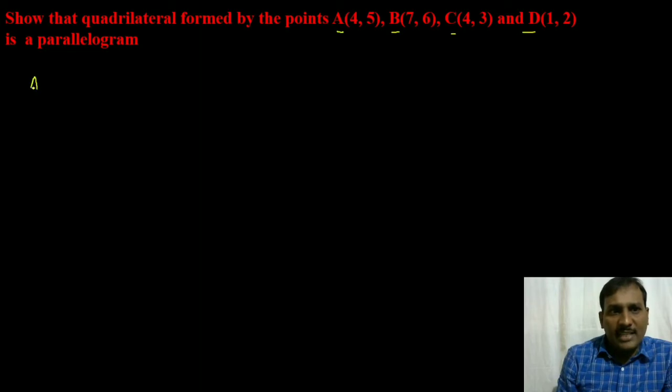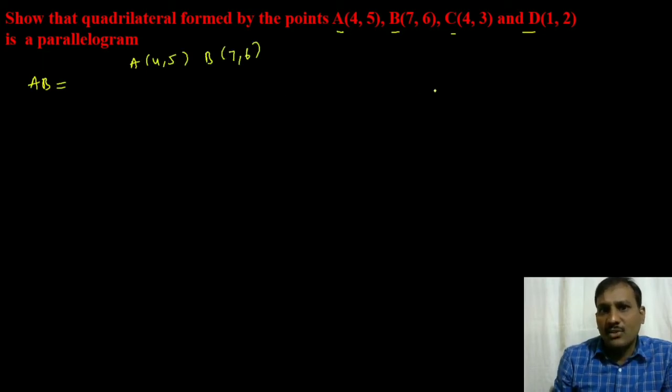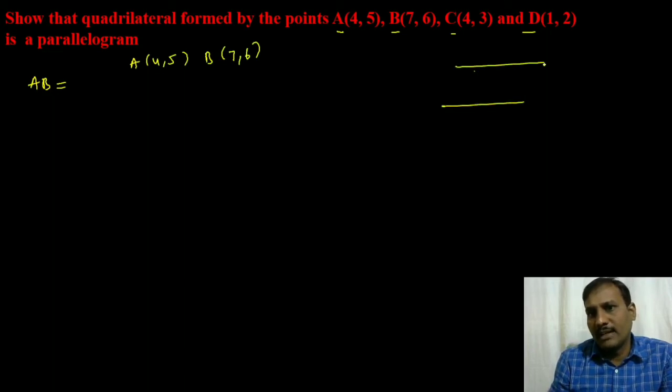Let us find the distance between A and B first. Let us take A as (4, 5) and B as (7, 6). We are taking one quadrilateral. We don't know what it is, so I am drawing a rough diagram here, A, B, C, D. What is the length of this side?